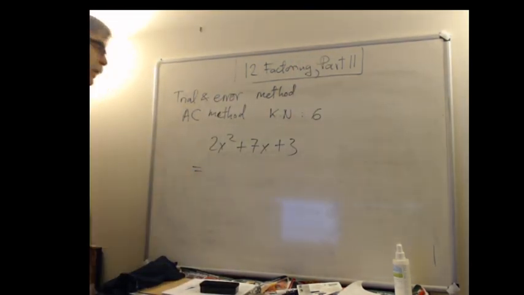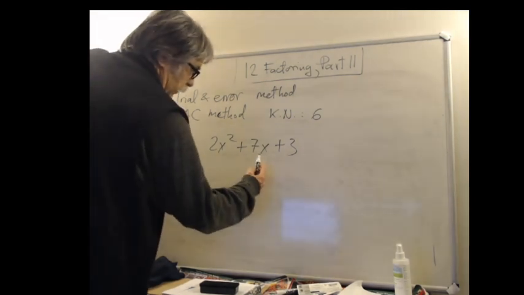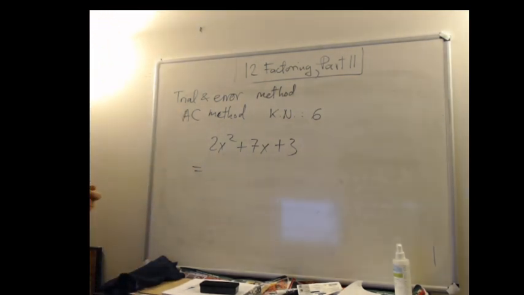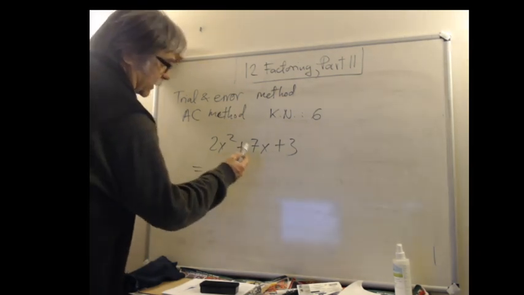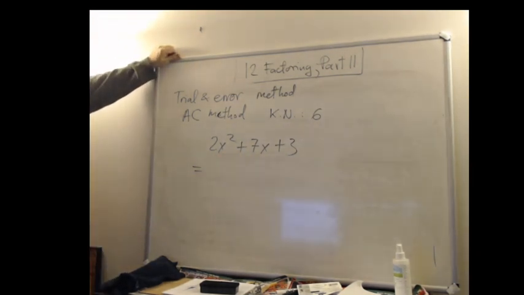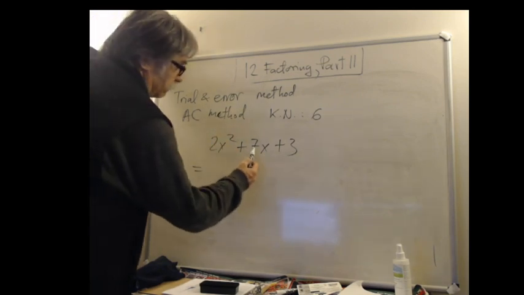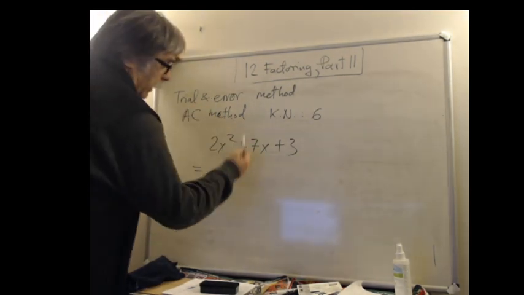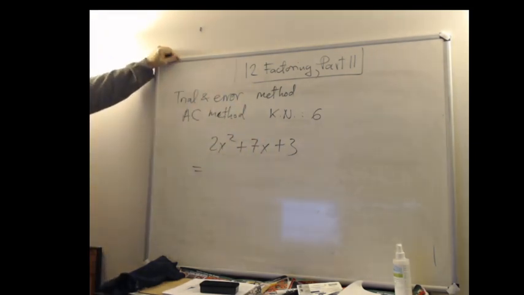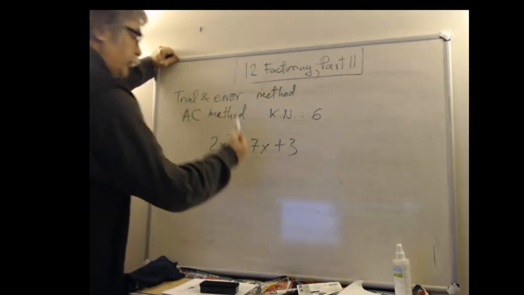The next step in the AC method is factoring by grouping. And you're going to do that by splitting this term into 2 terms. You can do 1x and 6x. You can do 2x and 5x. You can do 3x and 4x. You can do 5x and 2x.